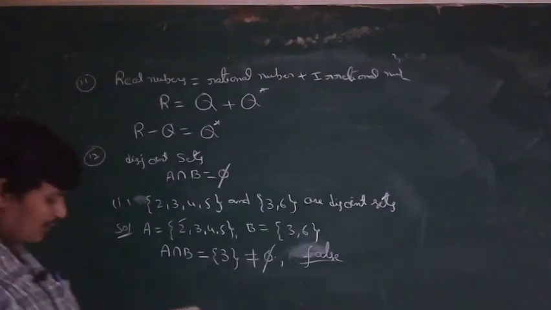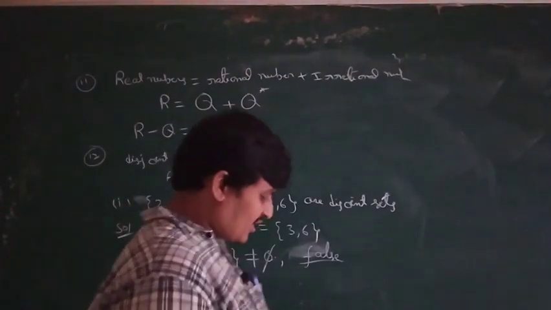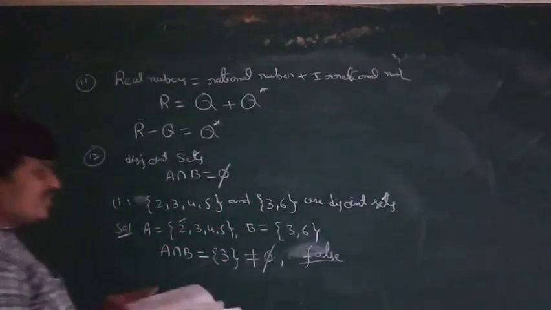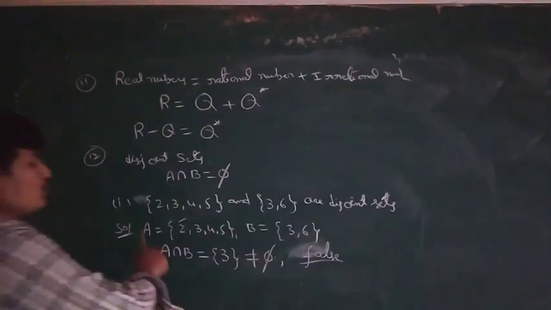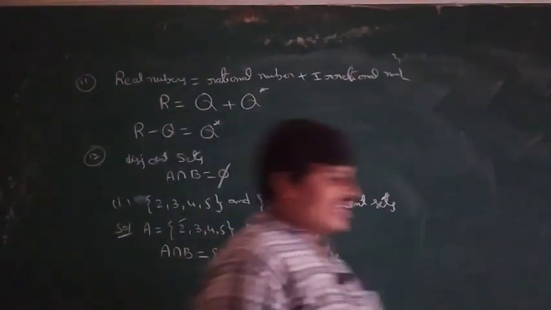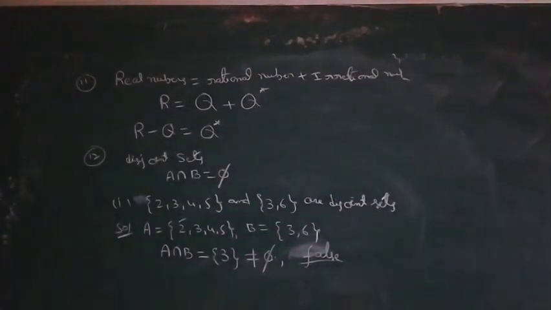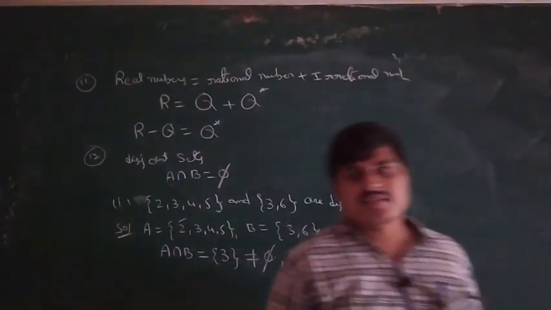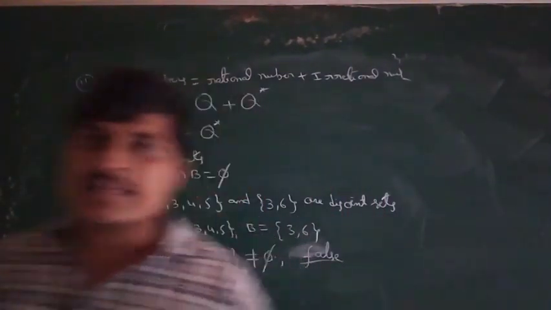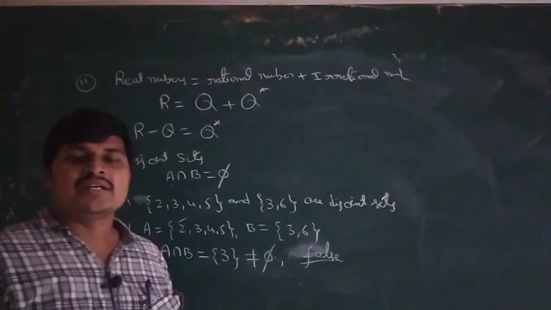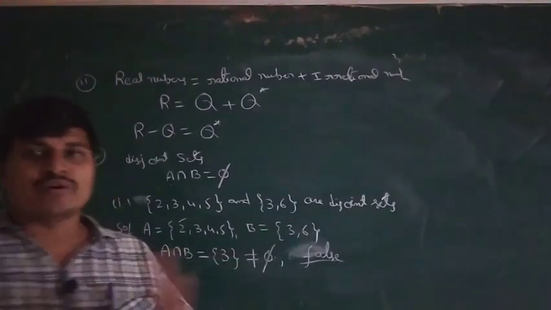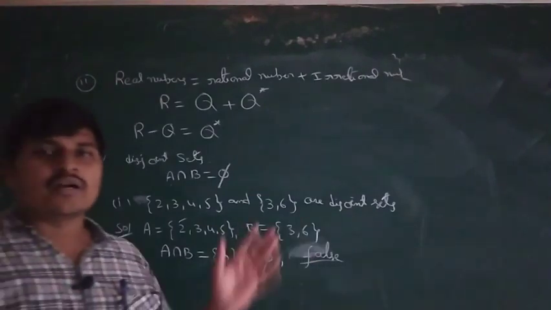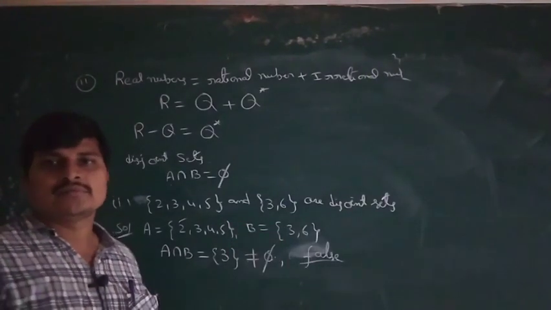One more bits are there. Second, third, fourth, three bits are there. What is the meaning of disjoint? If A intersection B is equal to phi, then the A and B sets are disjoint sets, otherwise not, where otherwise means not equal to phi.